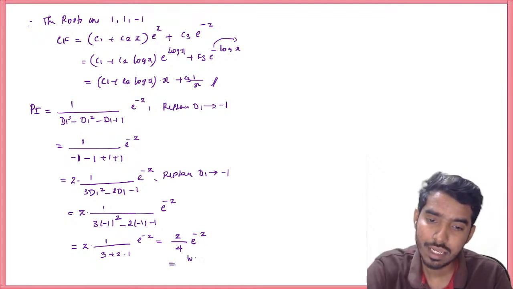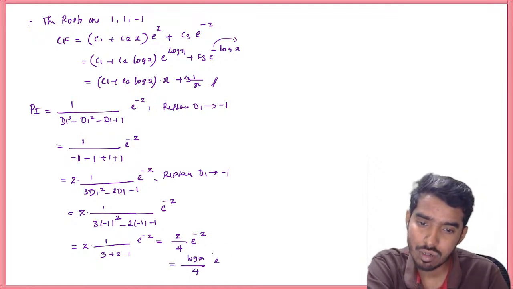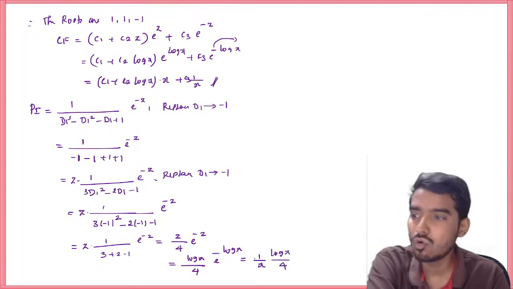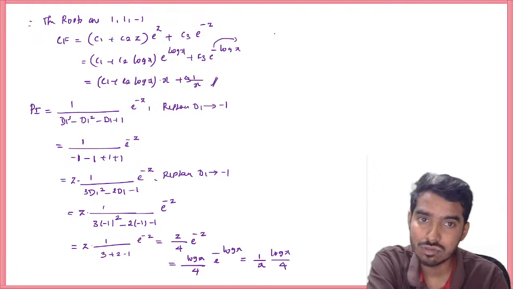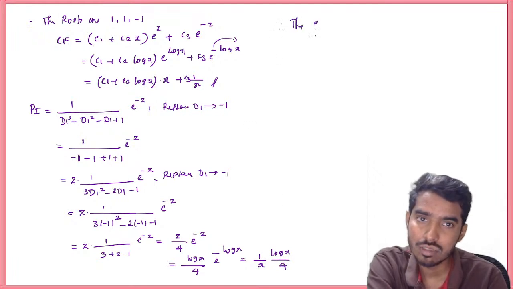So replace z by log x. So log x by 4 e power minus log x. This is same as e power minus log x is 1 by x. 1 by x log x by 4, right? 1 by x log x by 4 is your particular integral. So therefore, the general solution is y is equal to CF plus PI.